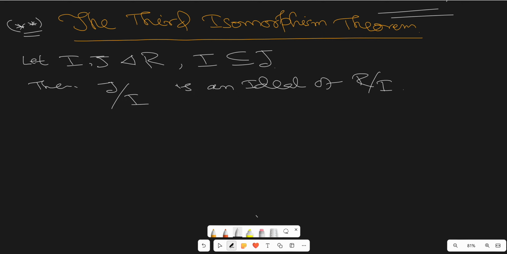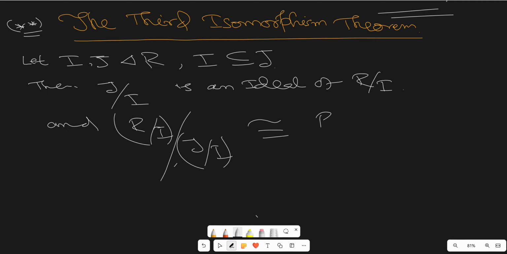So J mod I is an ideal of R mod I. And R mod I quotiented by J mod I is isomorphic to R mod J. This is called the third isomorphism theorem.